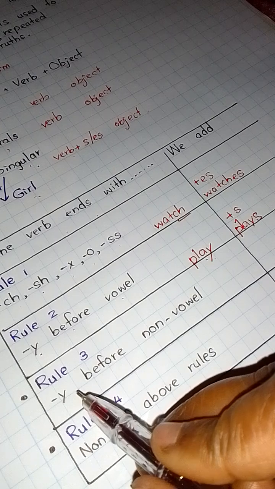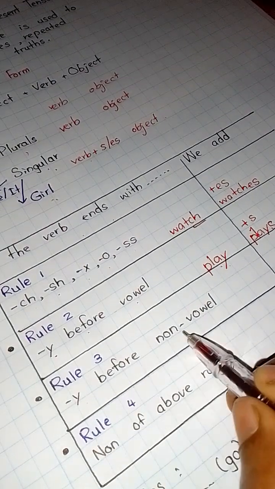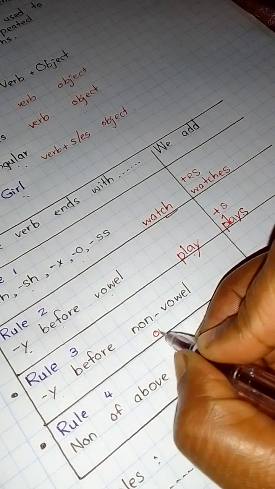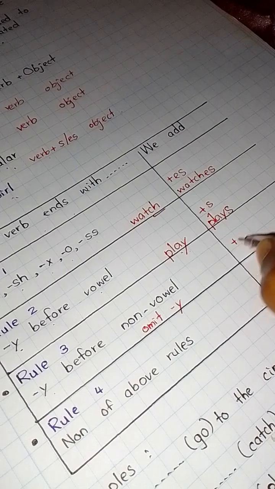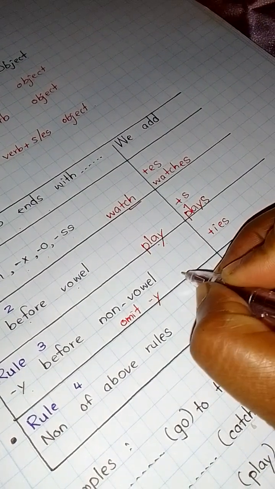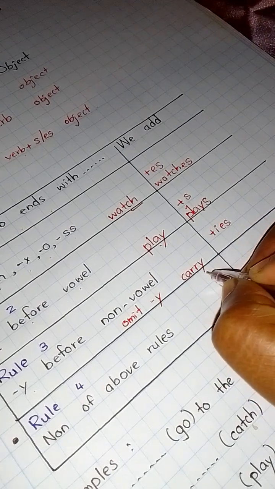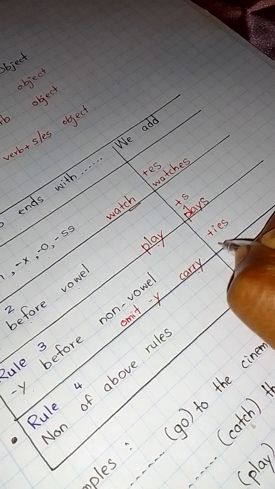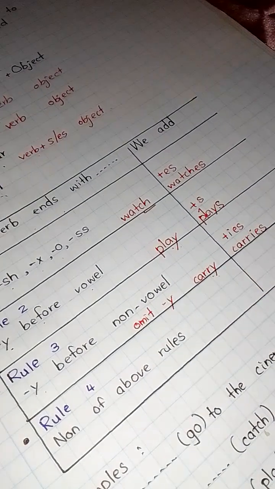The third rule is, if the verb ends with y after a non-vowel, we omit y and add ies at the end of the verb. Example, carry. The verb ends with y after a non-vowel, so we omit y and add ies at the end of the verb.